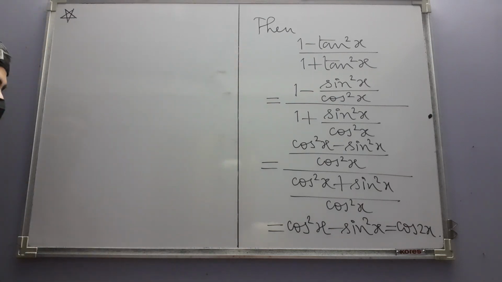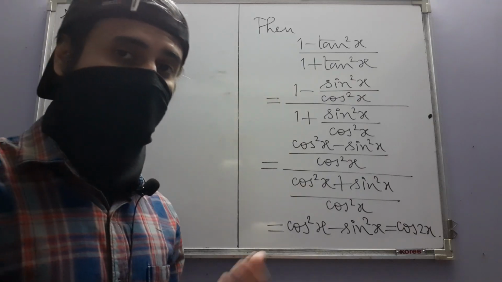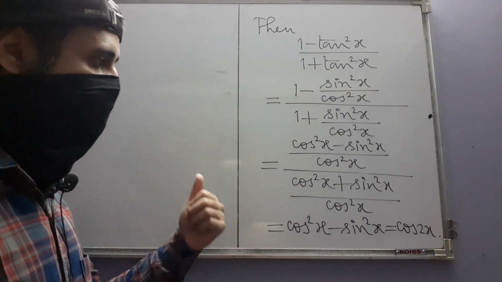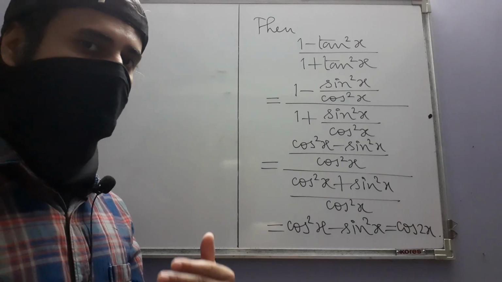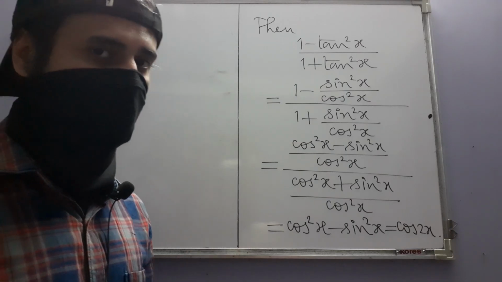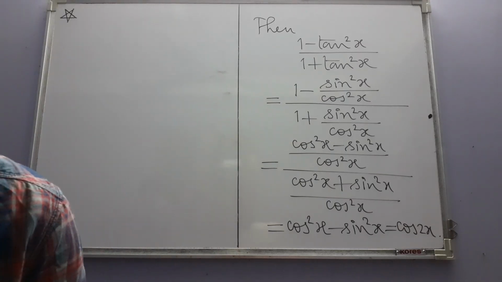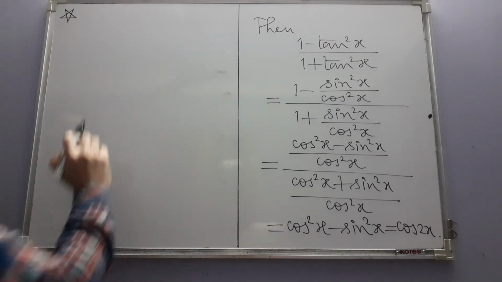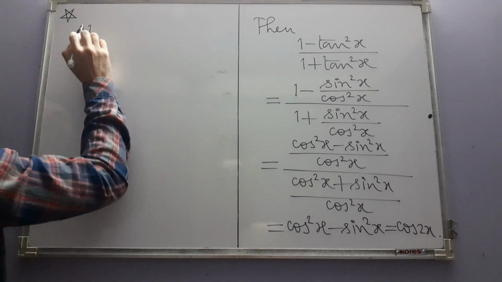Next term, so these are double angle formulas, double angle identities, because cos 2x, the next one is sin 2x, and then tan 2x will also come. So the sin 2x one is like this.